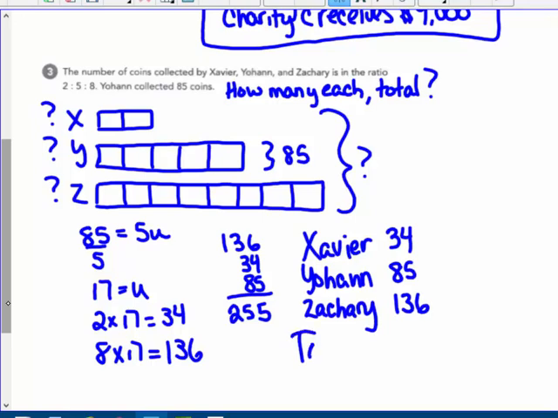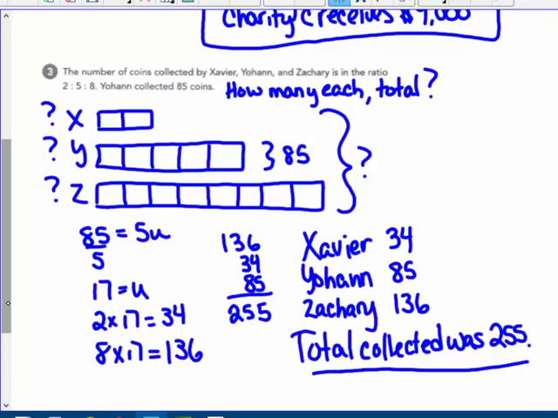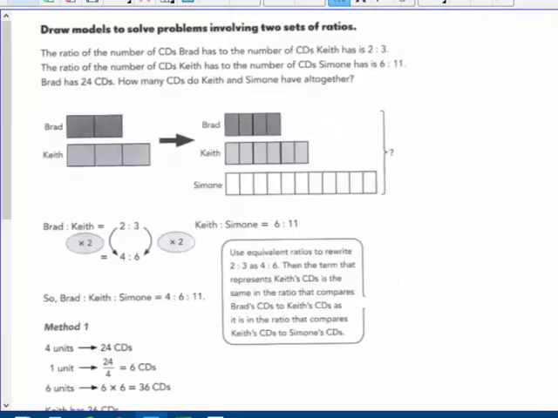And the total collected was 255. Not exactly a sentence, but that's good enough for now.